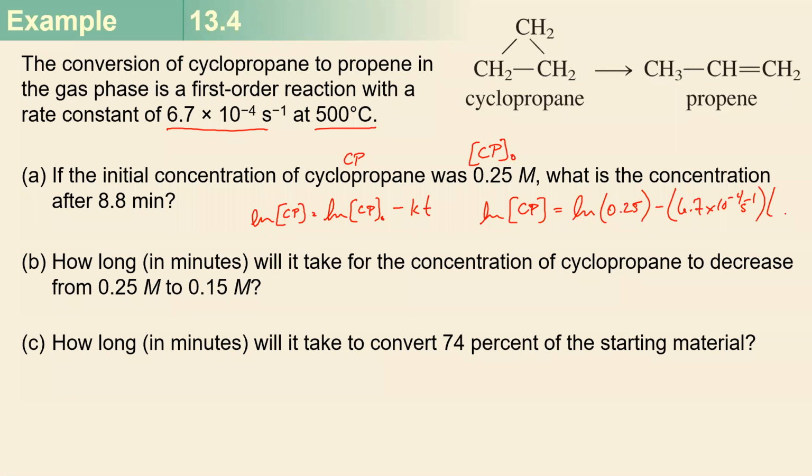Our time is 8.8 minutes, and our rate constant is in inverse seconds, so we have to do a little conversion. 8.8 minutes times 60 seconds, 528 seconds. Do a little math and figure out the concentration of Cp after 8.8 minutes.